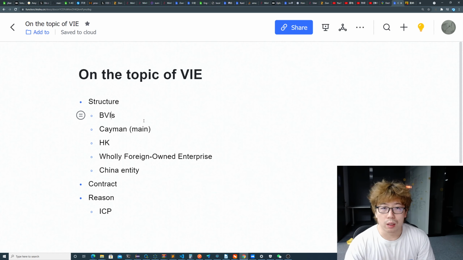The one thing in common is that they want a US dollar exit. If you don't follow this structure, you cannot go public outside China, and then you can't get dollars back.